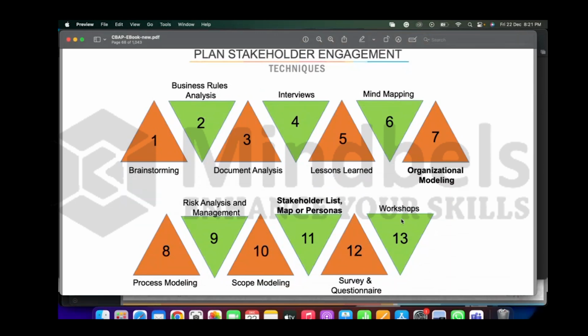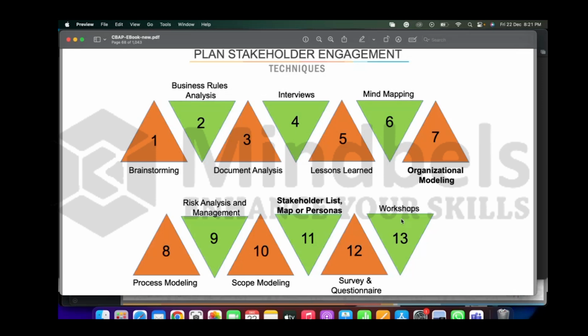Now, here are the techniques that you can follow when you plan your stakeholder engagement. You can just take a look at it. There are 13 different techniques, starting from brainstorming, BA roles, rules analysis, document analysis. You can see some of them are very common. You will see these techniques across every key area of CBAP. In the BABOK guide, most of the techniques are very connected and common.